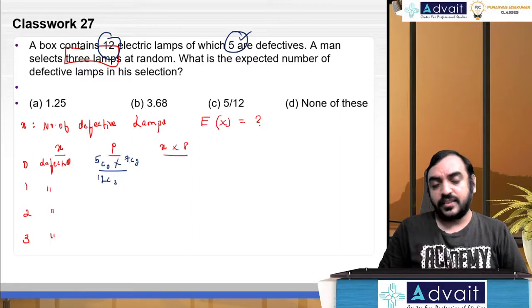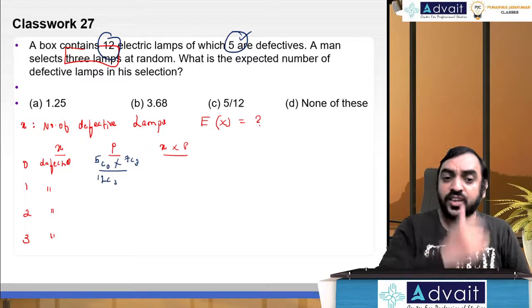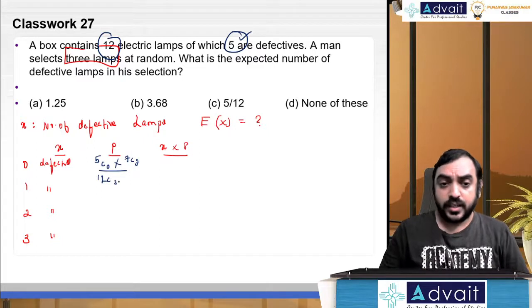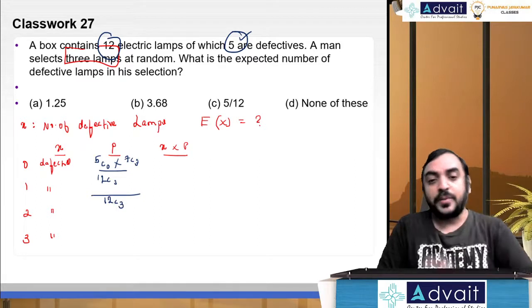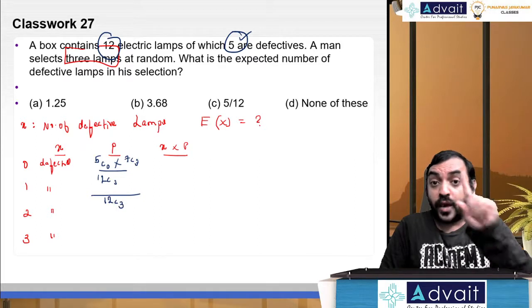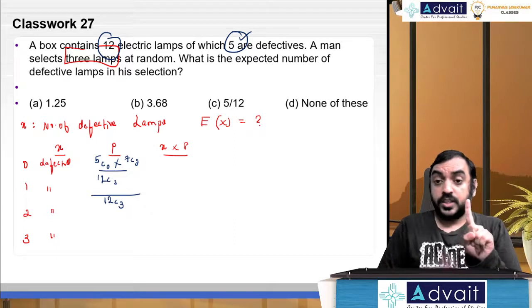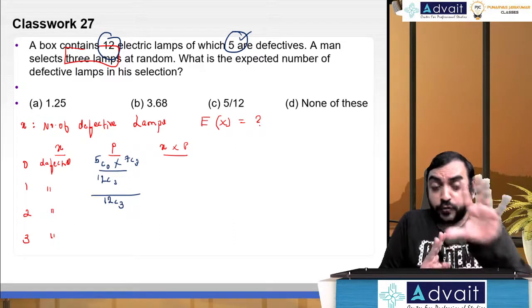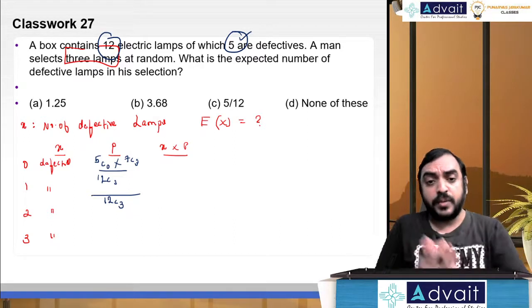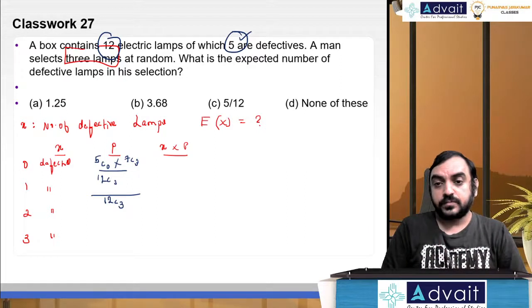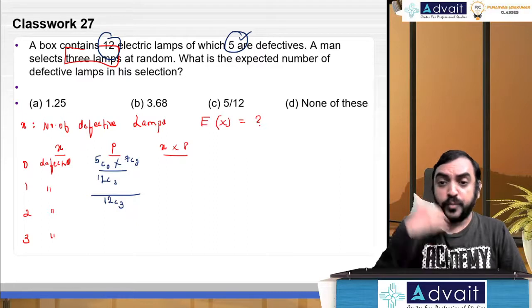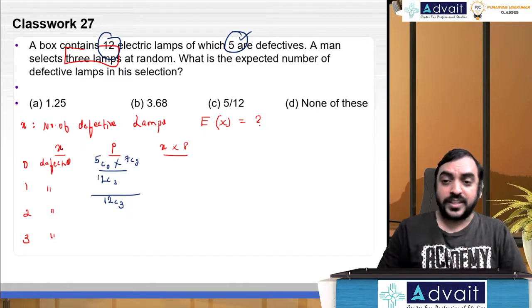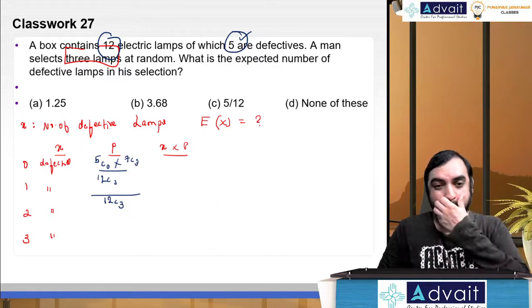We'll simplify it later. Like this, can you tell me for the next one? Denominator is definitely 12C3 because no conditions. Can you tell me the numerator? You are selecting total 3, out of which 1 is defective and remaining is non-defective.